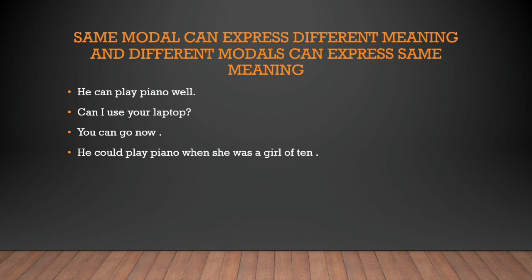He could play piano when she was a girl of 10. This sentence is a different sentence. Can is not used here, could is used here. So why do we use could here? To express the past ability, we use could. Can I help you?